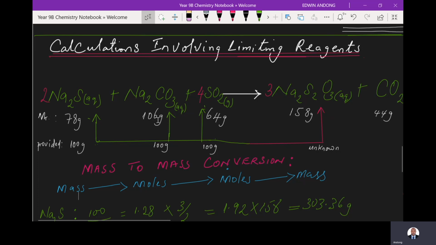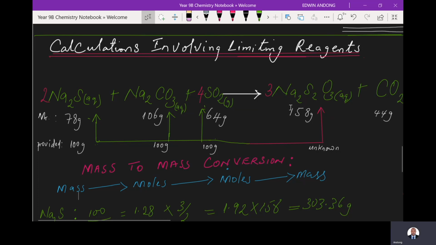For sodium carbonate, 23 times 2 plus carbon, which is 12, then plus oxygen times 3, which is 16 times 3, will give you 106 grams. For sulfur dioxide, that is 32 plus 16 times 2, which will give you 64.